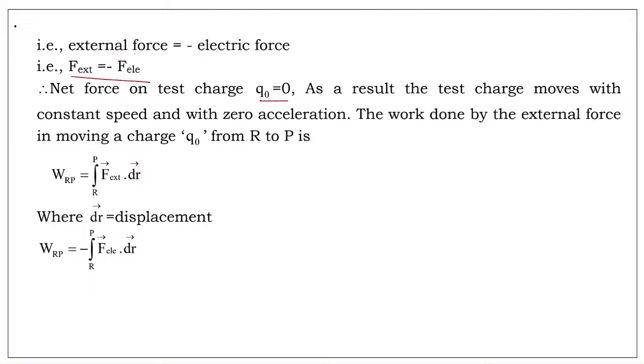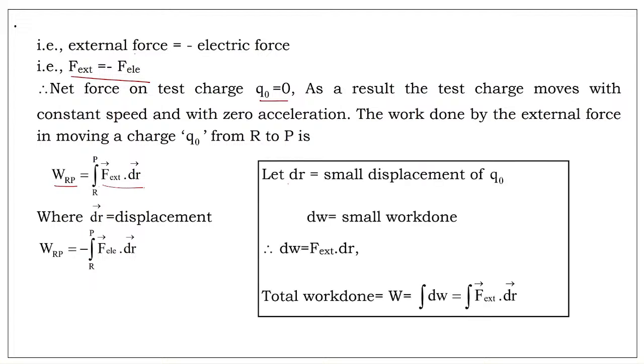The work done by the external force in moving a charge Q0 from R to P is WRP is equal to integration R to P of F external into dr. Because let dr be the small displacement of Q0, and dW the small work done.